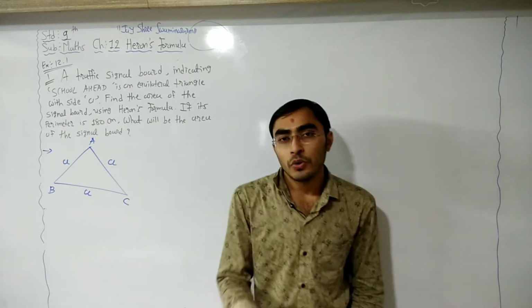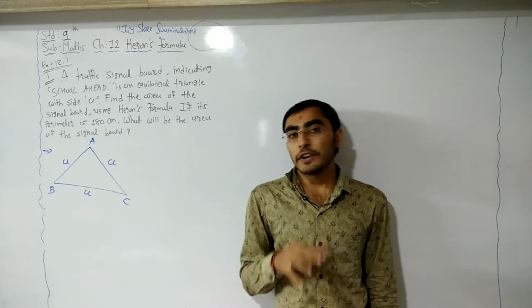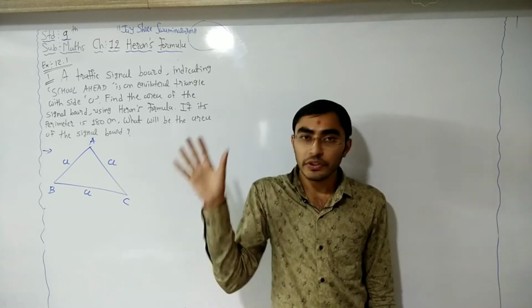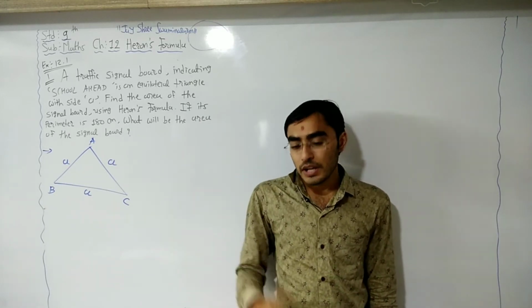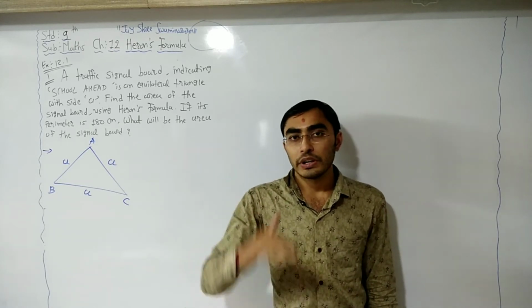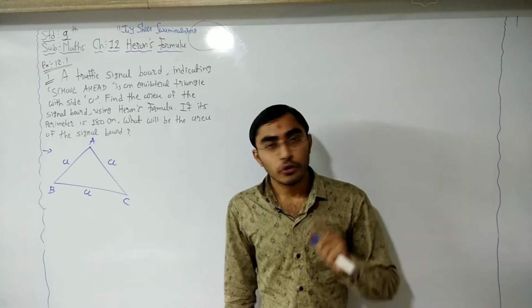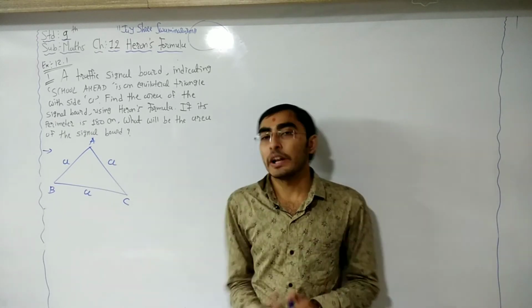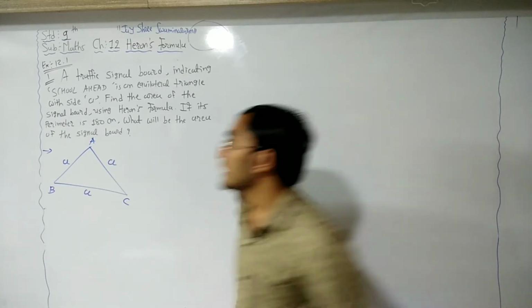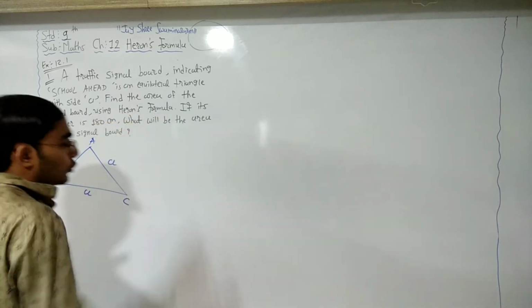We already know one formula to find the area of an equilateral triangle, which we learned in the theory part: area of equilateral triangle is equal to root 3 by 4 side square. We can use this formula here, but it is written that we must find the area by using Heron's formula.